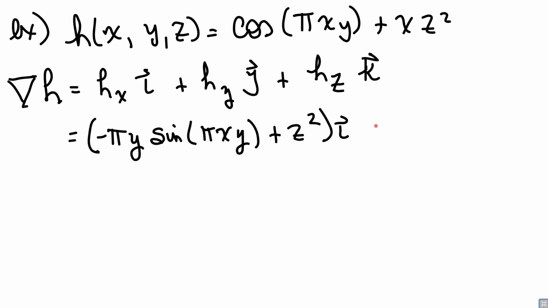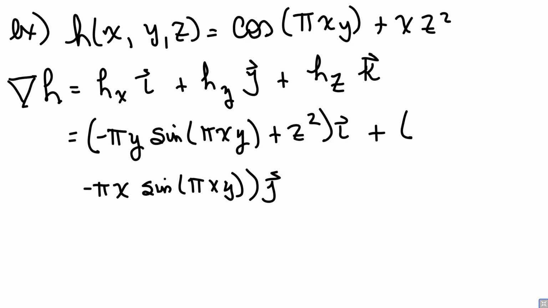Plus, what's the partial of h with respect to y? Negative pi x. I'm going to wrap this around, so it's going to be negative pi x times sine pi xy, and that's going to be in the j direction.